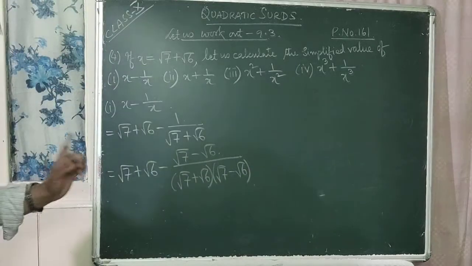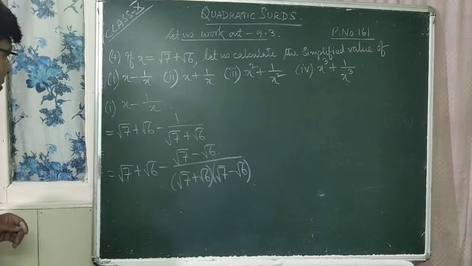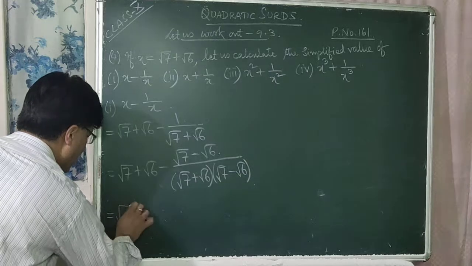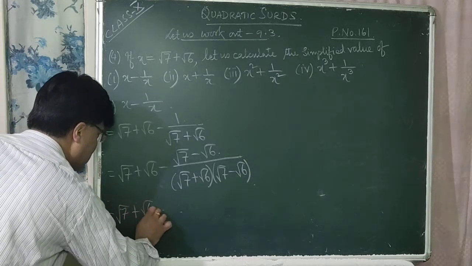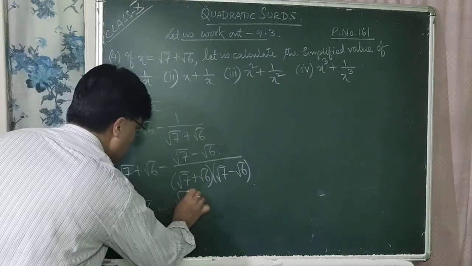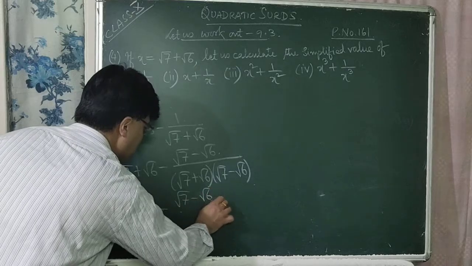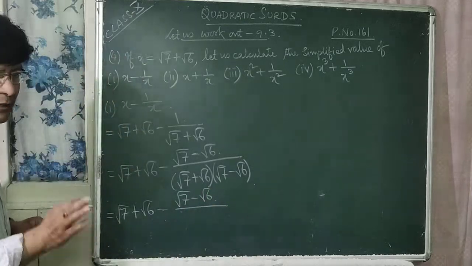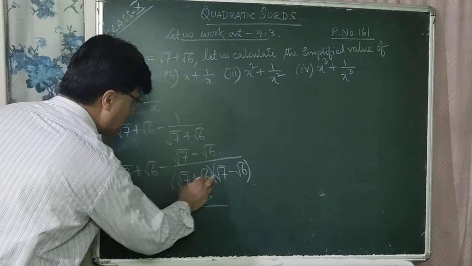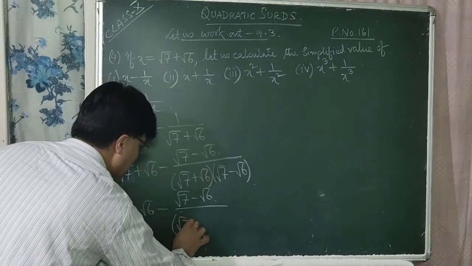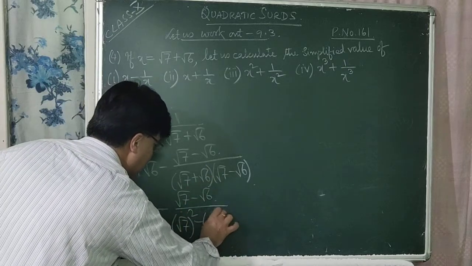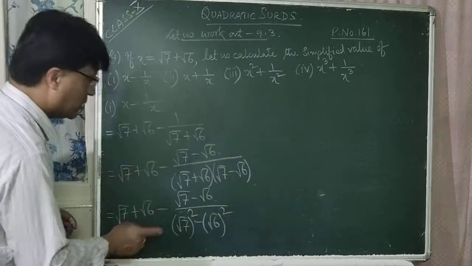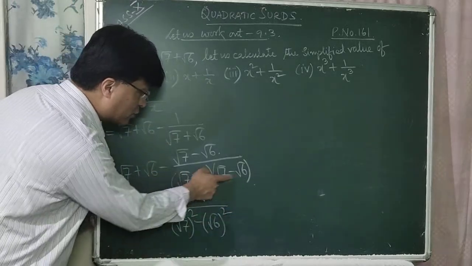Is that clear to all of you? Now let us simplify it. Root 7 plus root 6 minus, it is root 7 minus root 6. Numerator is kept same. What is a plus b into a minus b? It is a square minus b square. So here a is root 7 and b is root 6.